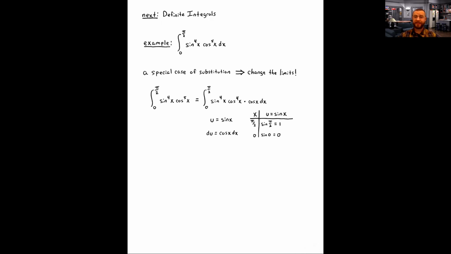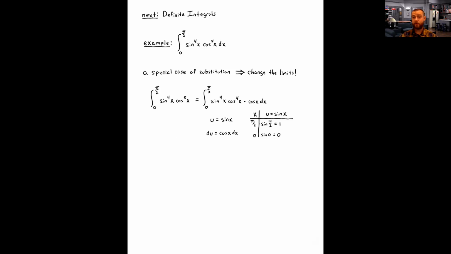All right, so we take a look at the integral. It's secant to the 4th, cosine to the 5th. This falls into our basic first integral type, powers of sine and cosine. We have an odd power, cosine to the 5th, so split off one factor of cosine for your du. If du is cosine, your u must have been sine.